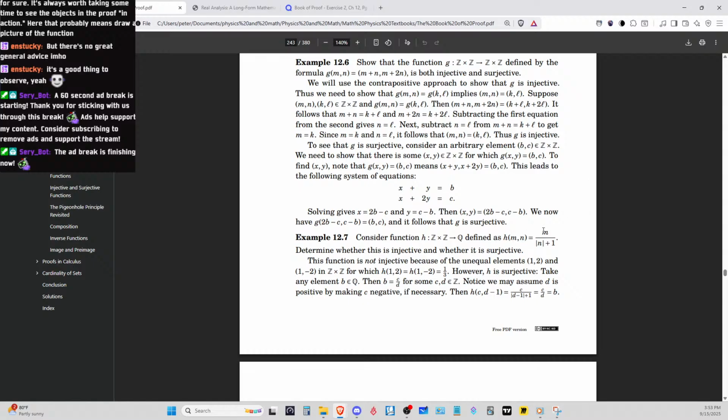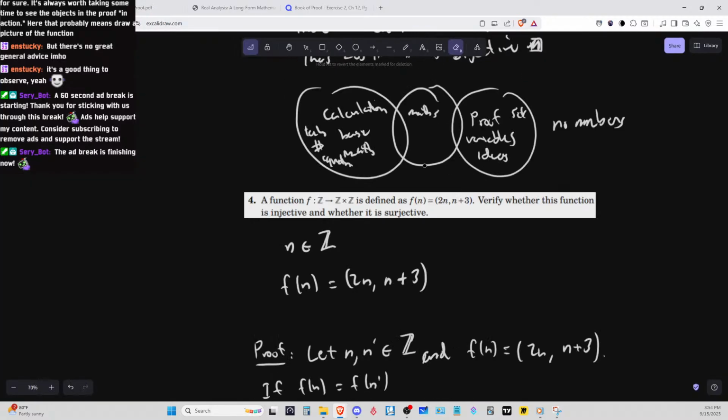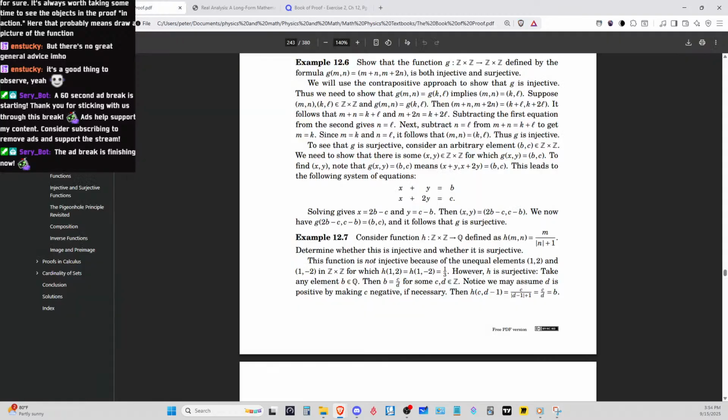So in our case, we have a function that works as an ordered pair, so let's determine whether this is injective or bijective. This function is not injective because it's, so we don't have any absolute value signs, so I think that's going to be okay.